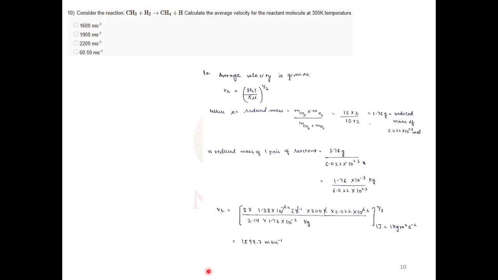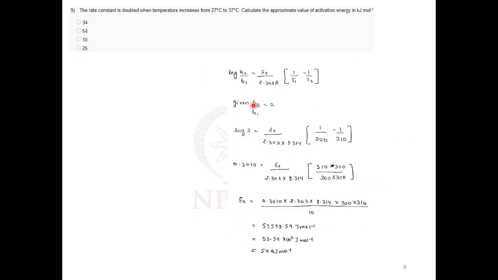Now, to increase this velocity, what procedures does one need to follow? This can be done by changing the mass and temperature. If the temperature is higher, the velocity will always be more, right?